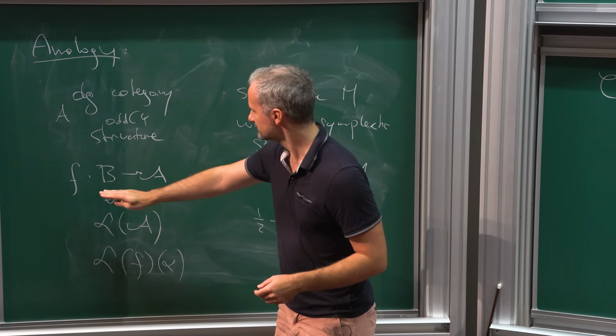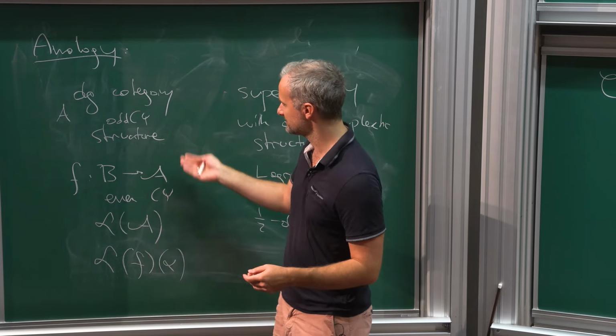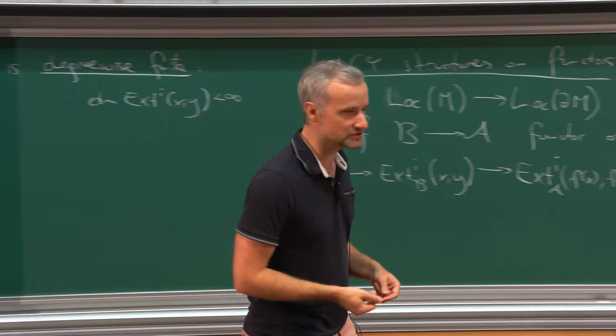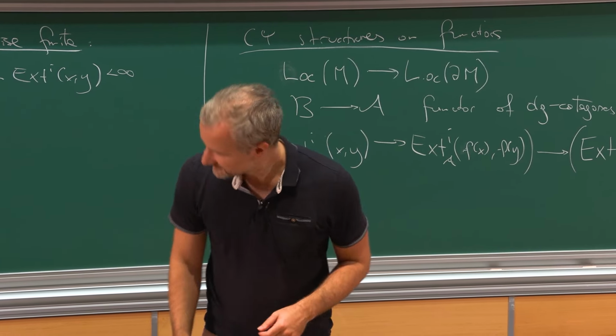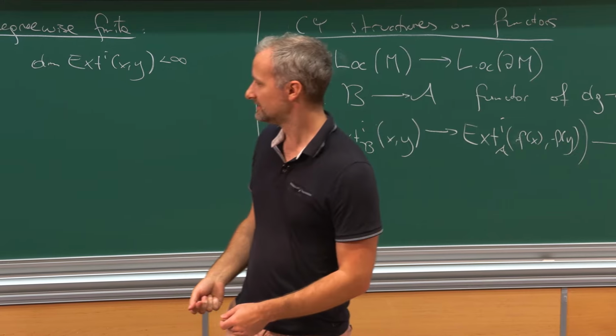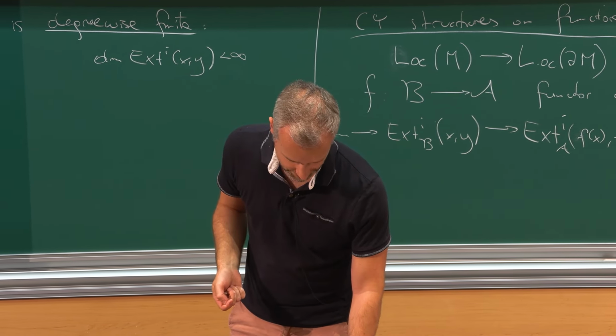And if you have a relative Calabi-Yau functor and you look at moduli spaces of objects of these categories, it is a Lagrangian map to some shifted symplectic thing. This is a good analogy, but it's still a bit mysterious to me what it actually means.